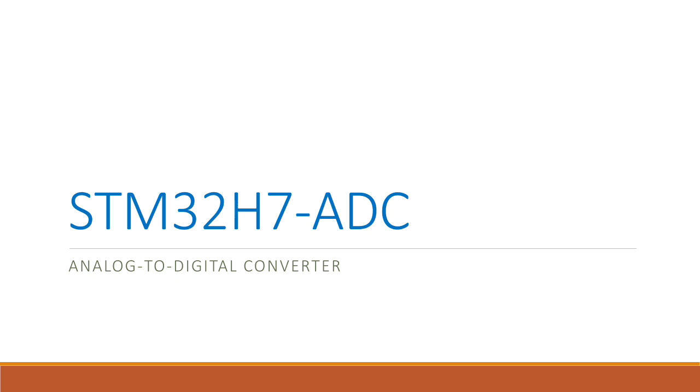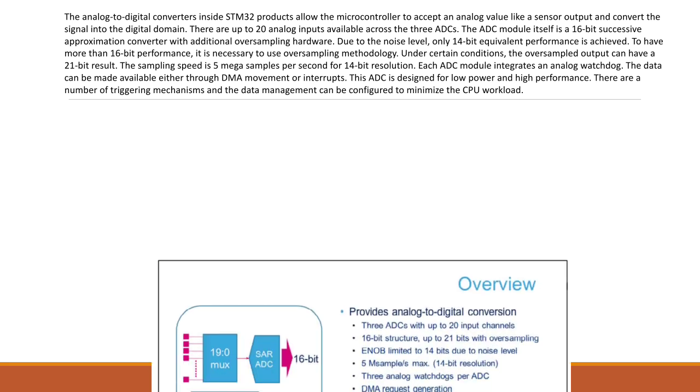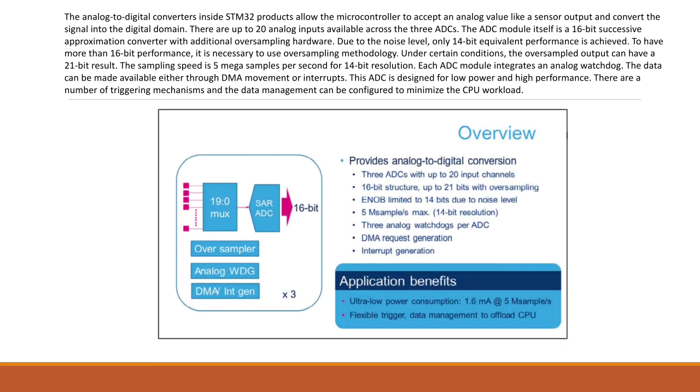The analog to digital converters inside the STM32 product allow the microcontroller to accept an analog value, like a sensor output, and convert the signal into the digital domain. There are up to 20 analog inputs available across the three ADCs.